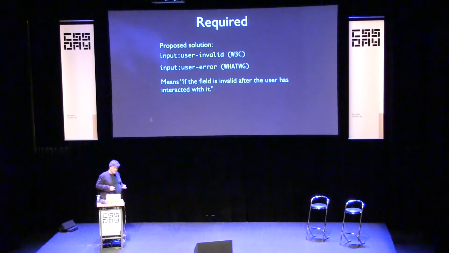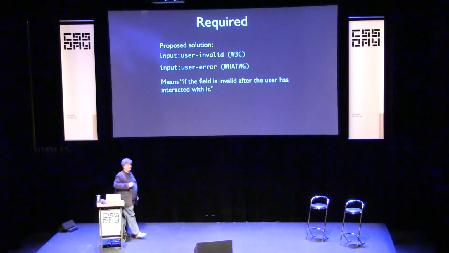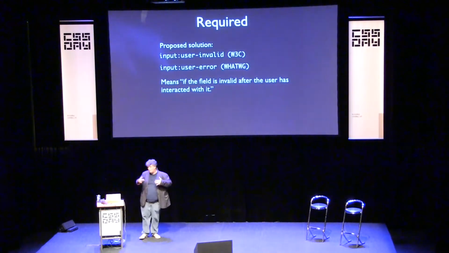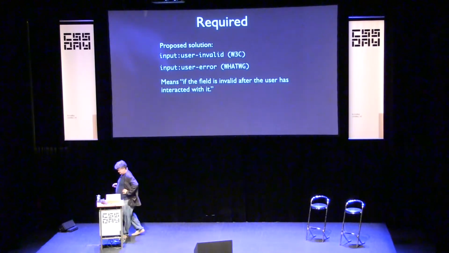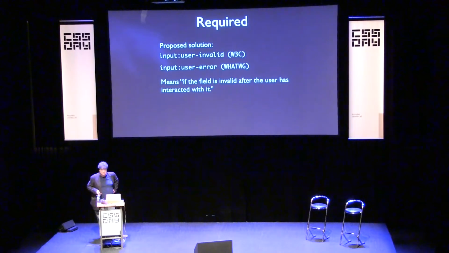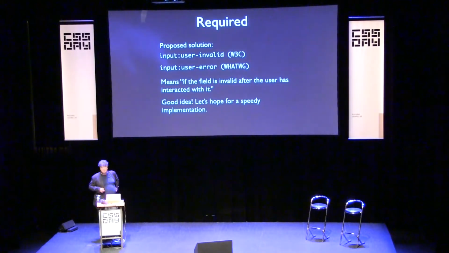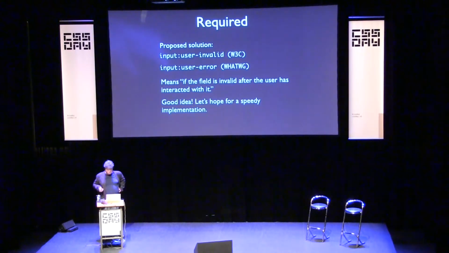And in the W3C specification, it even says if the user has interacted with it significantly. The question is, of course, what does that mean exactly? I don't know, because it's not supported yet, so I haven't tested it. But I think we will have plenty of browser incompatibility fun with figuring out exactly what user invalid means, once 2 or more browsers support it. However, it's definitely a solution to the problem, and I hope it will be implemented speedily.